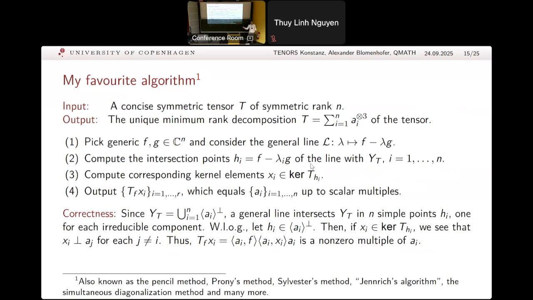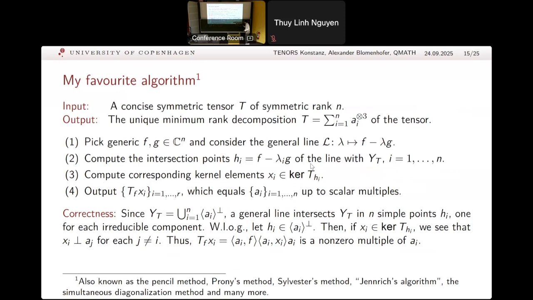Why can it not be? Because the h_1 would then lie in, for instance, a_1 perp intersected with a_2 perp, and then this generic line would intersect a codimension 2 subspace, which it cannot do, right? So it can actually be orthogonal to precisely one of them if we intersect with a generic line. So now we have this equation: T(h_1) x_1, the corresponding kernel element, is 0.